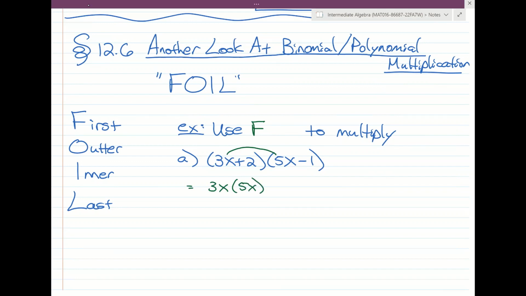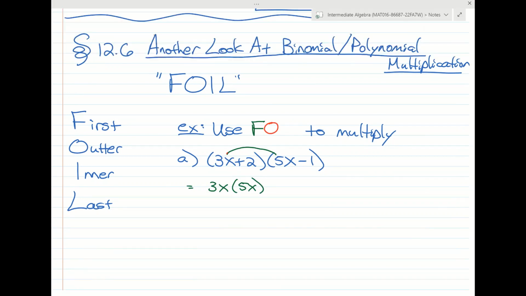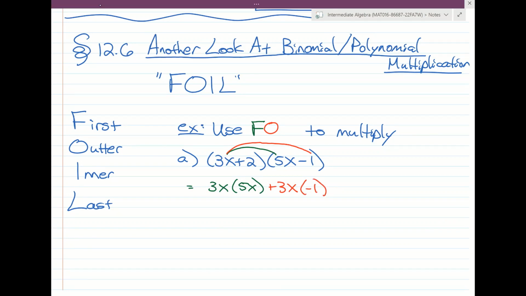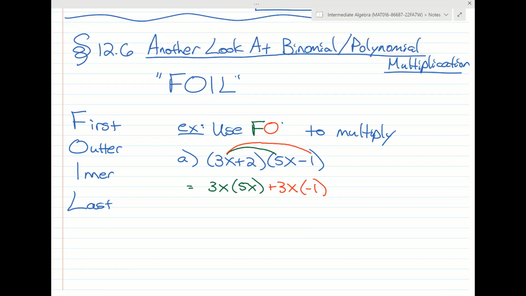Next, we're going to multiply the outer terms, which, if you're looking at this, would be the 3x and the negative 1. Then we have the inner terms, which would be these two. So 2 and 5 are the innermost. So it would be 2 times 5x.